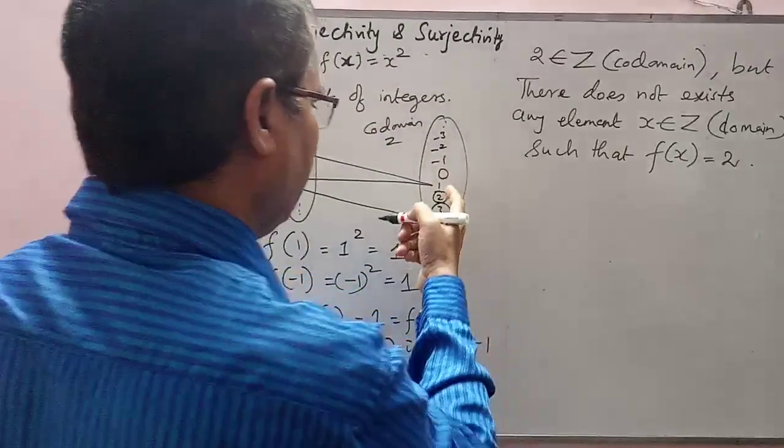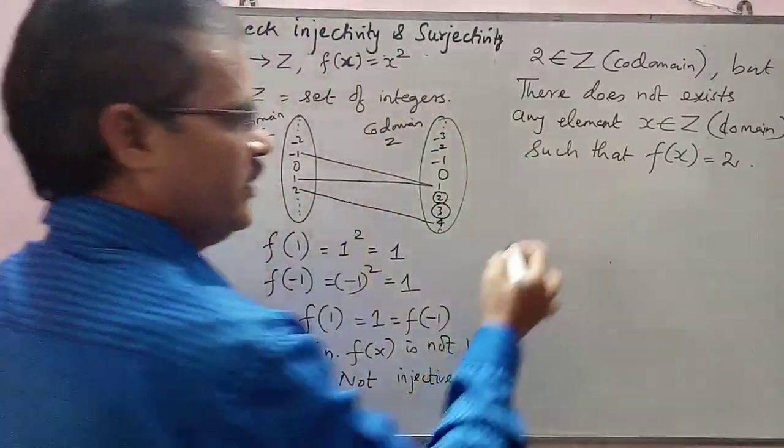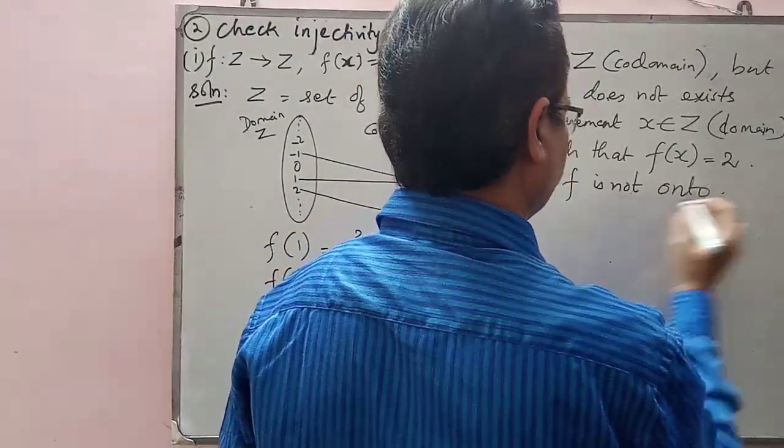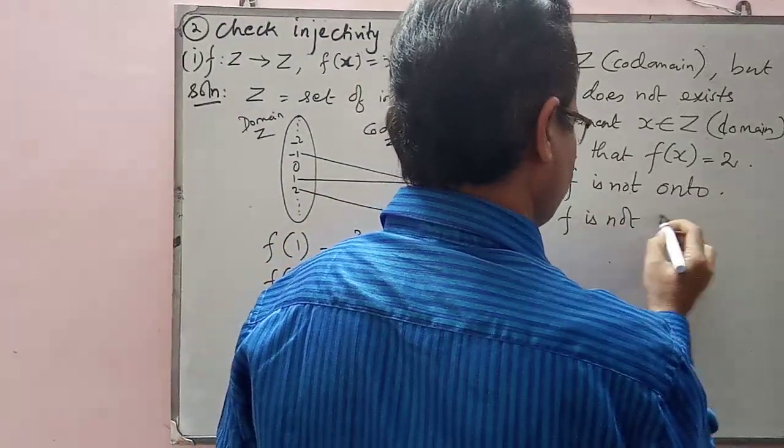So 2 cannot be an image of any element. That's the meaning of that. Therefore, f is not onto. So f is not surjective.